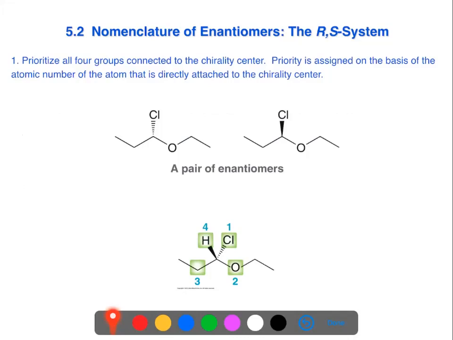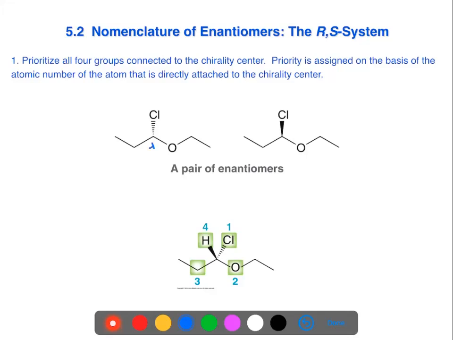So when we look at this particular compound, this is our chirality center, and we identify it as a chirality center because there are four different groups attached to it. We have a chlorine atom, we have an ethyl group, we have the hydrogen not being shown, and then we have this oxygen ethyl, which we call an ethoxy group, attached on the right side.